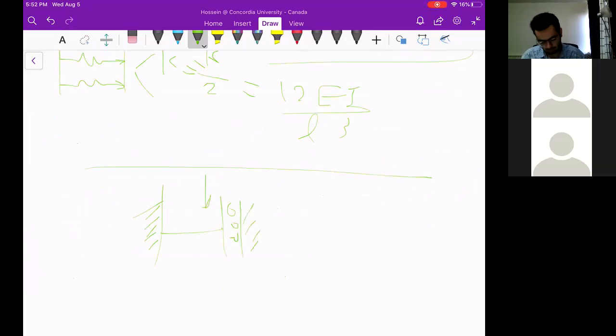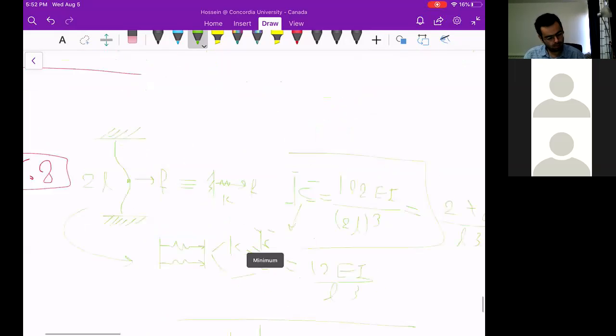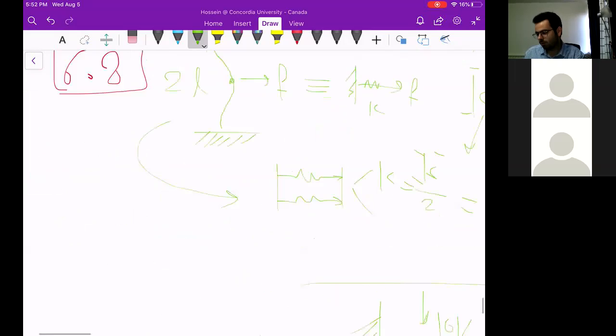For a guided clamp, delta is PL cubed over 12 EI, or the stiffness, in other words, is 12 EI over L cubed. I just proved it in another way. So you could go for buildings. It's very simple.